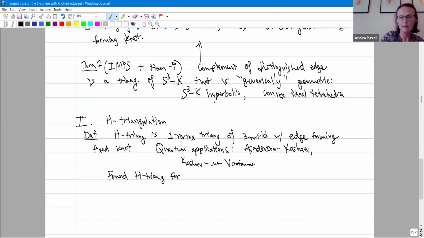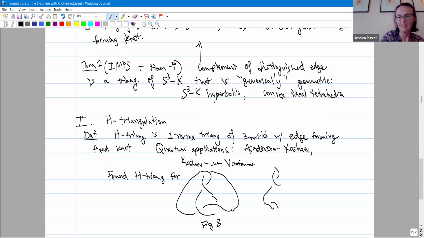So the figure 8 knot, the 5-2 knot, and the 6-1 knot.